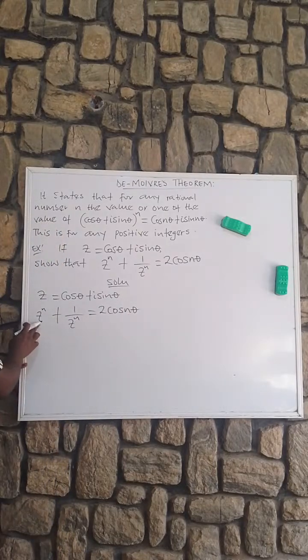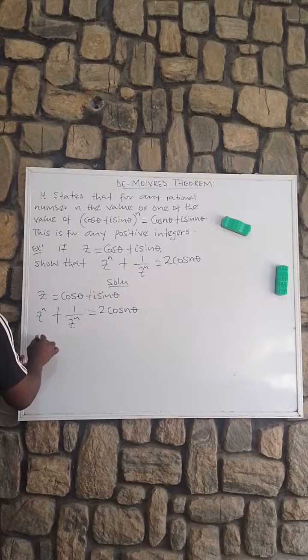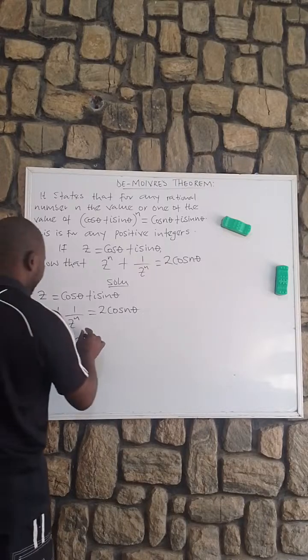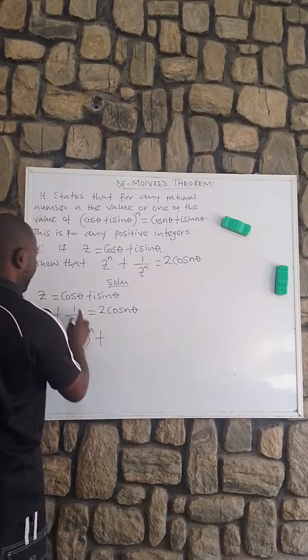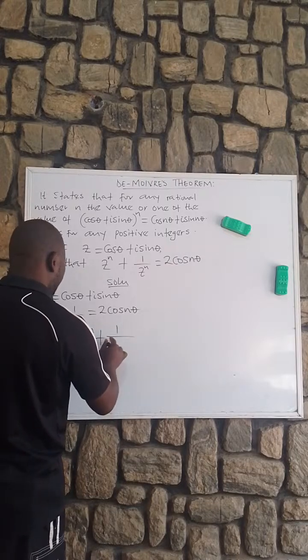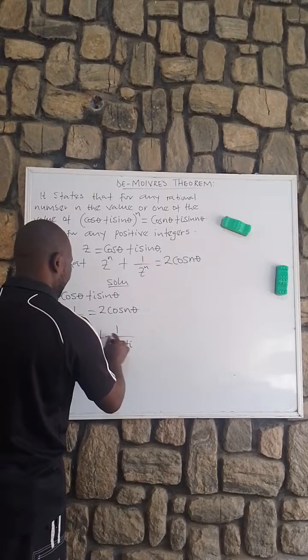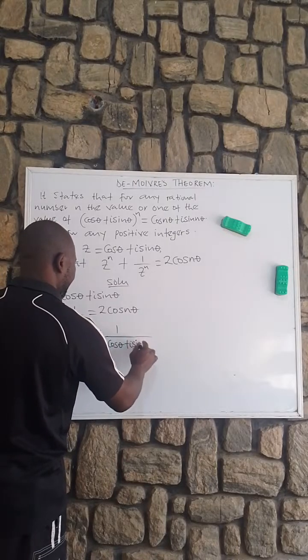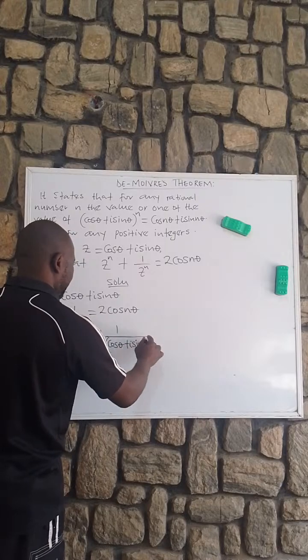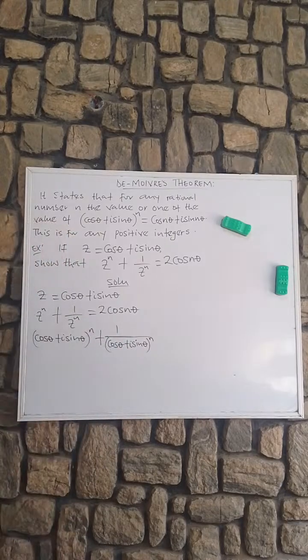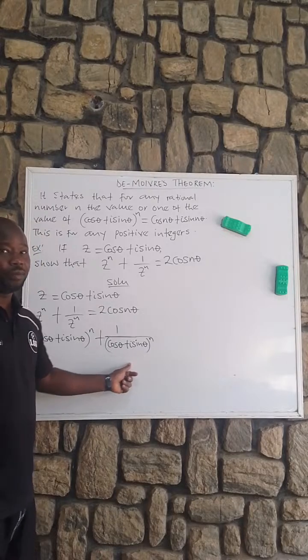So let's substitute in: Z is cos theta plus i sin theta, all in bracket, raised to the power of n, then plus 1 all over cos theta plus i sin theta, open bracket, close the bracket, raised to power n, true or false? As you can see now, this is De Moivre's theorem, true or false?